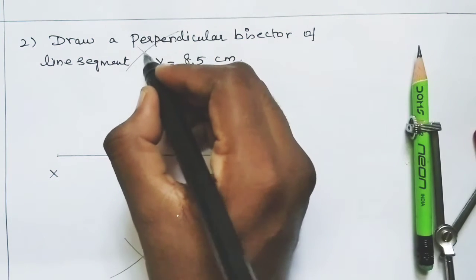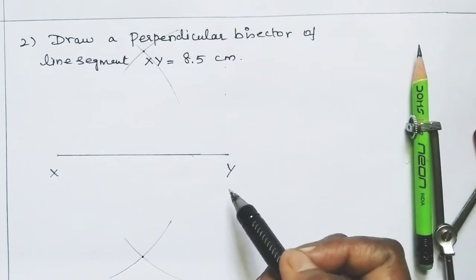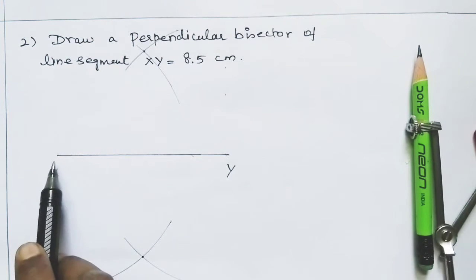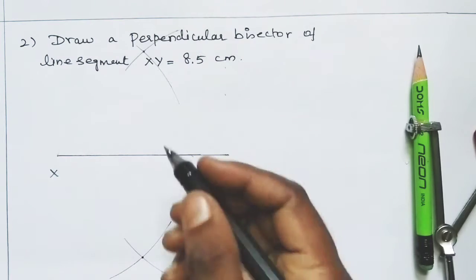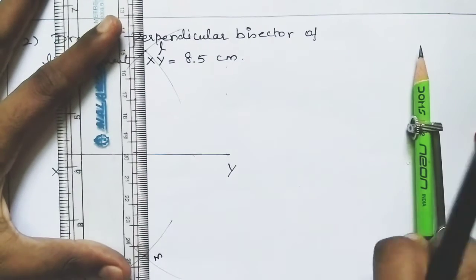Mark these two intersection points as something other than XY, because here the name of the line segment is XY. You can take it as L, M.